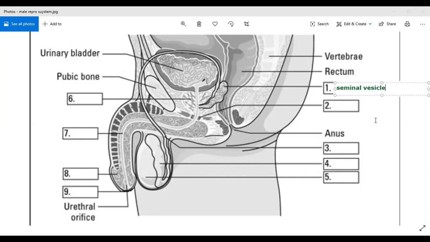Number 2. John, what's number 2? The bulbourethral gland. All right, also known as the Cowper's gland. Yes, same thing. The bulbourethral gland is the same thing as the Cowper's gland. Okay, number 3, Christoph. The vas deferens. Yes, that is correct.